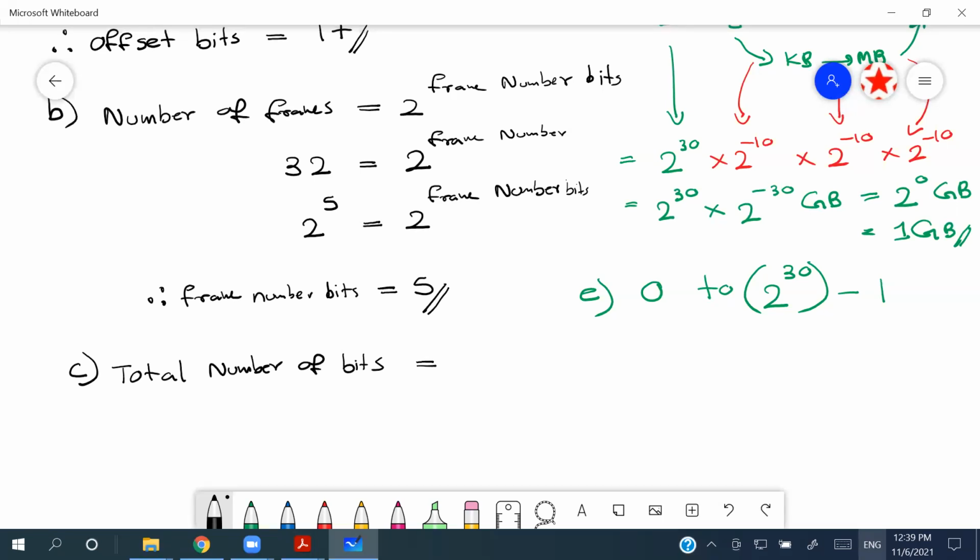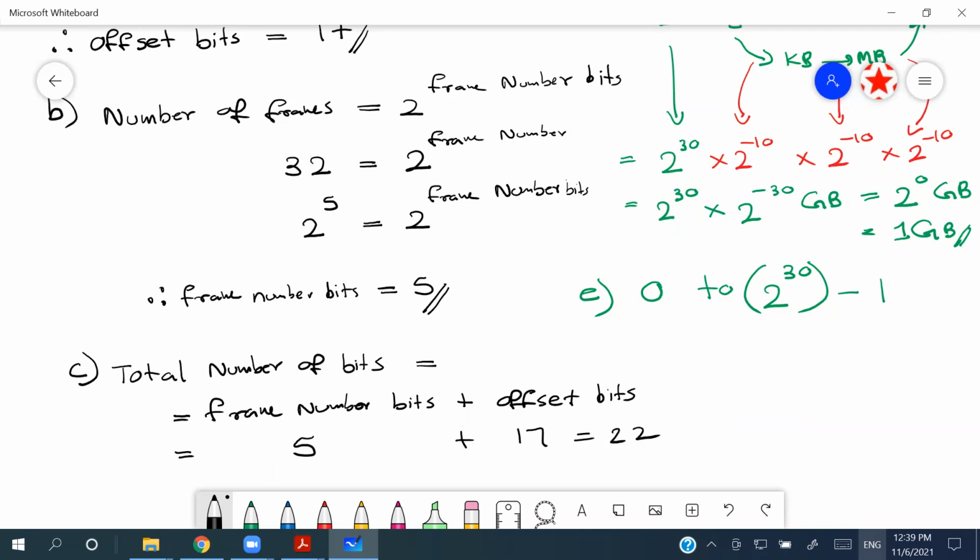What we have to do is the frame number bits will be added to the offset bits. It's simple mathematics, right? So the frame number has 5, the offset has 17. So altogether it's 22.